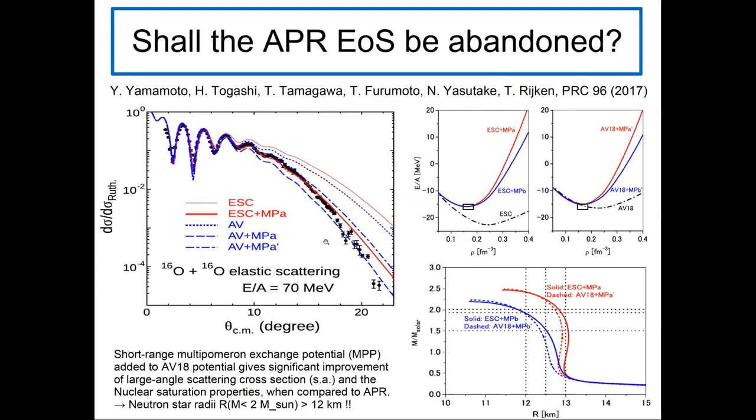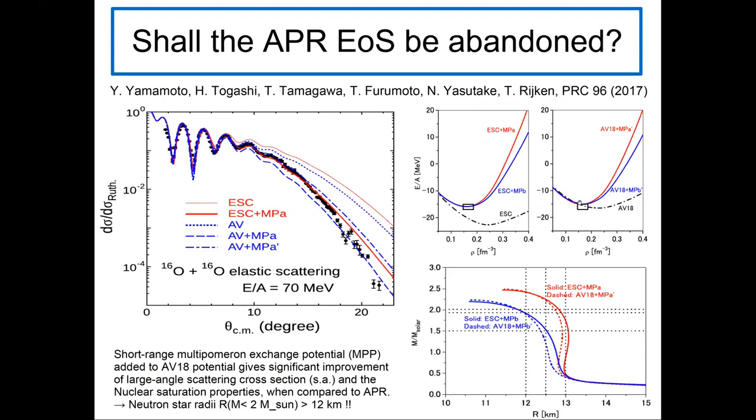This correction by the short-range repulsive multi-pomeron exchange potential not only helps in describing this oxygen-oxygen scattering data, it also gives us a much better correspondence with the nuclear saturation, which was always a problem in the APR equation of state based on the AV18 potential.